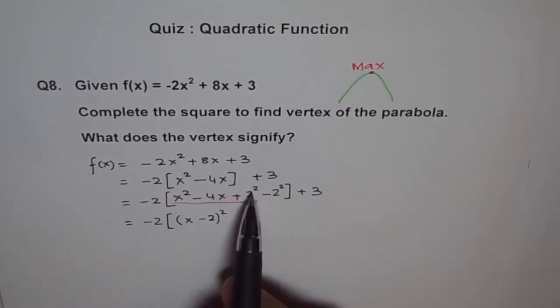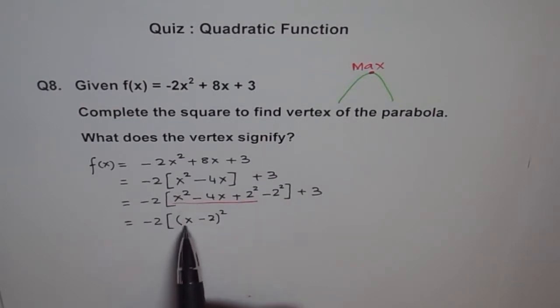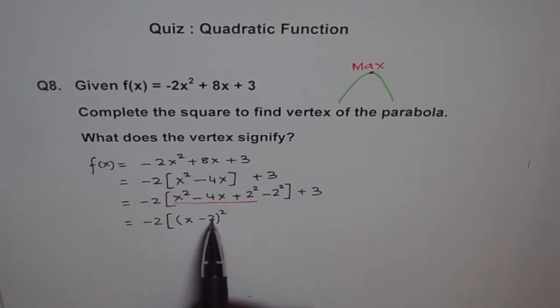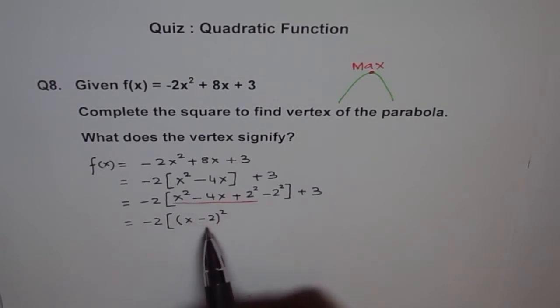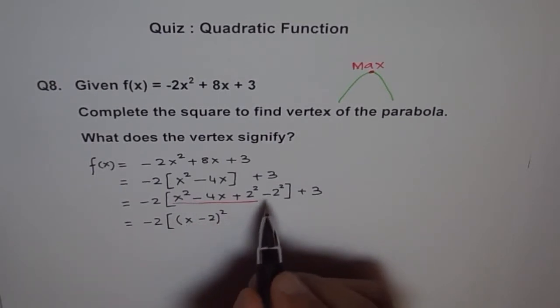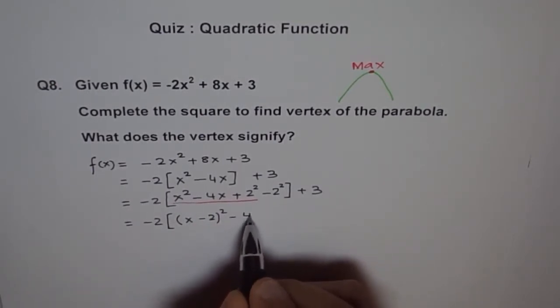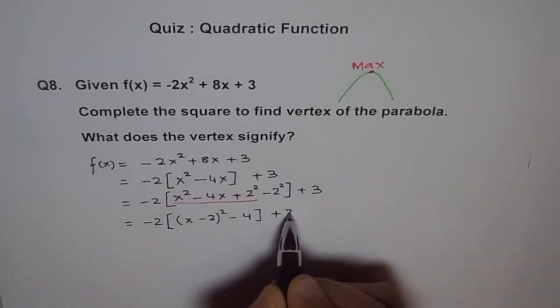See, 2 squared is here, x squared, and the middle term should be minus 2ab. So minus 2ab is minus 4x, which is there, correct? So the completing the squares method helps us to write this in a perfect square form. Now minus 2 squared is minus 4 and then plus 3, right?